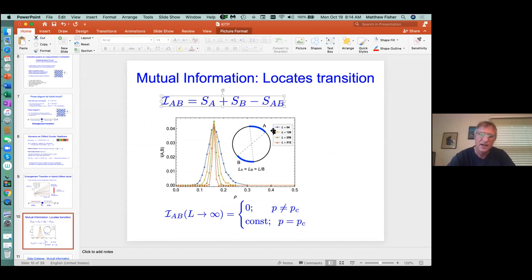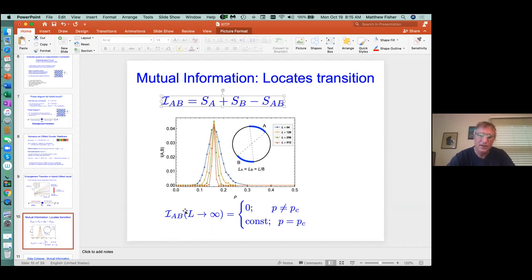If one considers a system with periodic boundary conditions on a ring, schematically illustrated here, and considers two subsystems A and B, here taken each to be 1/8 of the system length L, one then computes the mutual information, which is given by S_A plus S_B minus S_(A union B), and basically gives one the amount of information that's shared between these two subsystems.